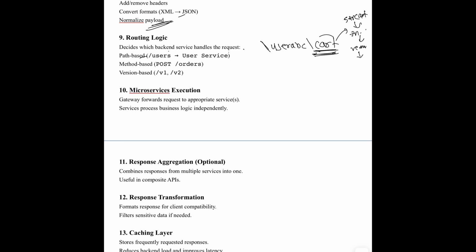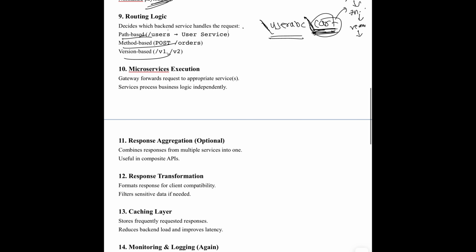All this logic will be inside this /cart endpoint. This is the routing, deciding which backend service handles the request. It is also handled inside the API gateway: path based, method based, version based.